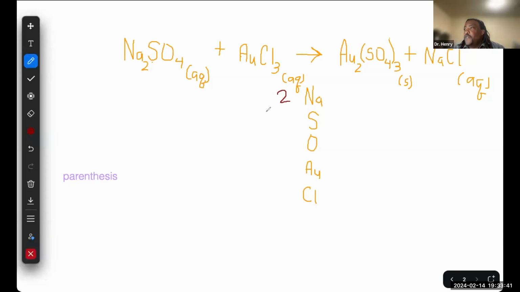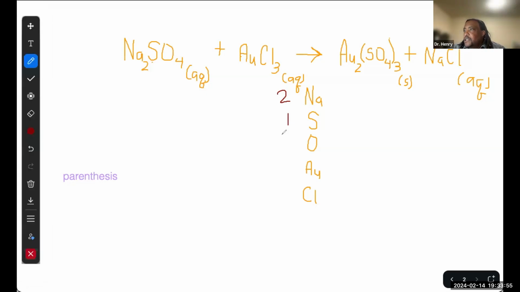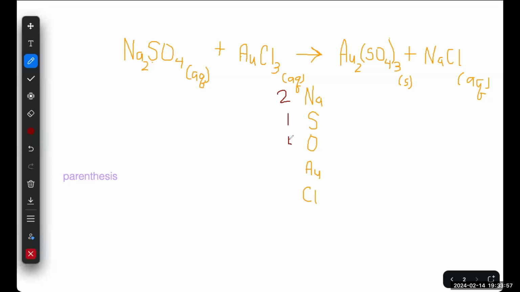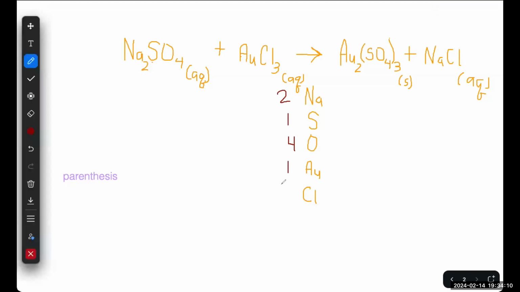How many sulfurs do we have? S is sulfur. 1. Okay. How many oxygens do we have? 4. How many gold? 1. And how many chlorine? 3.